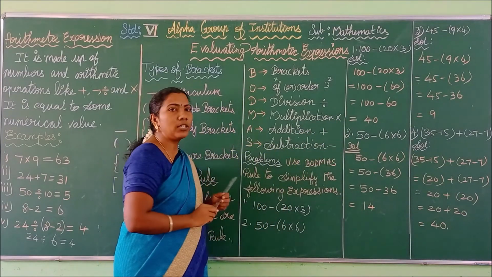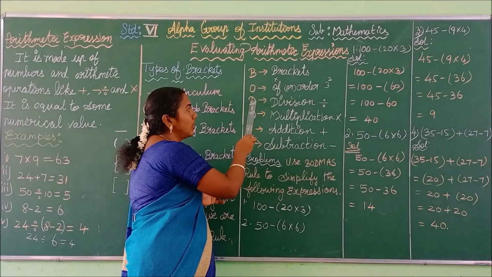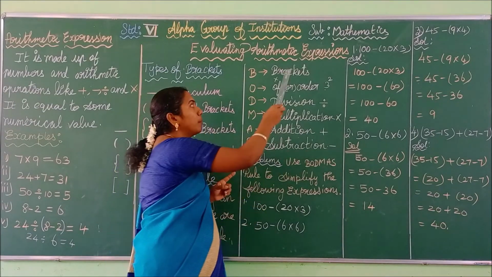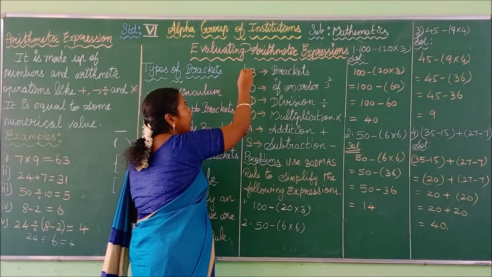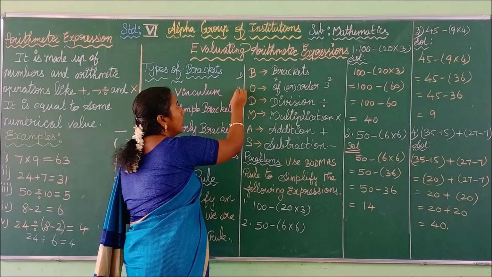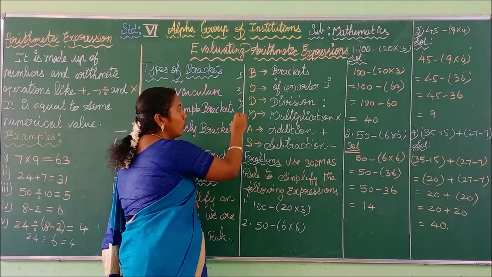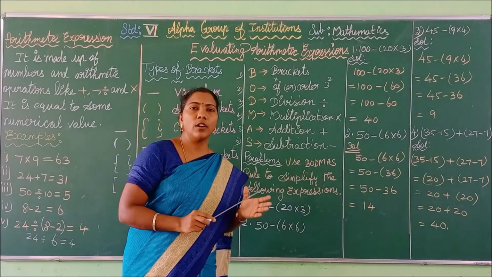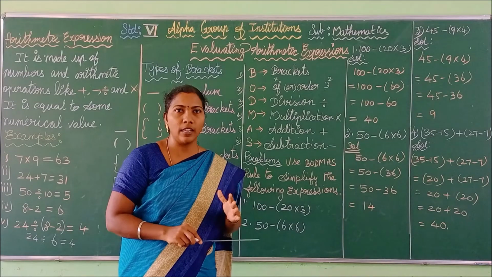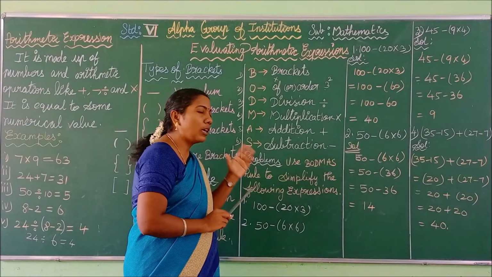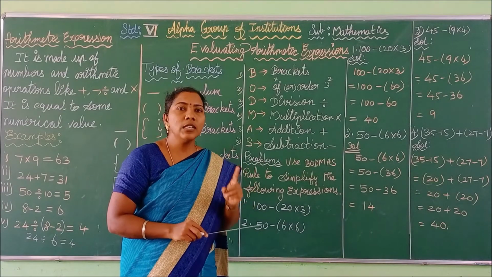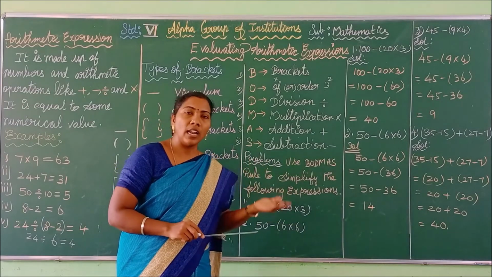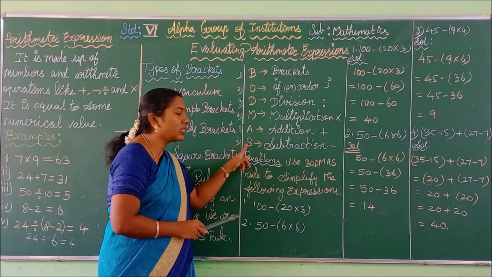If an arithmetic expression contains brackets, of, division, multiplication, addition, subtraction, first you have to evaluate the brackets, and then of. Third, division. Fourth, multiplication. Fifth, addition. Sixth, subtraction. Do you understand, children, what I am saying? First the brackets, then of, then division, then multiplication, then addition, and lastly subtraction.